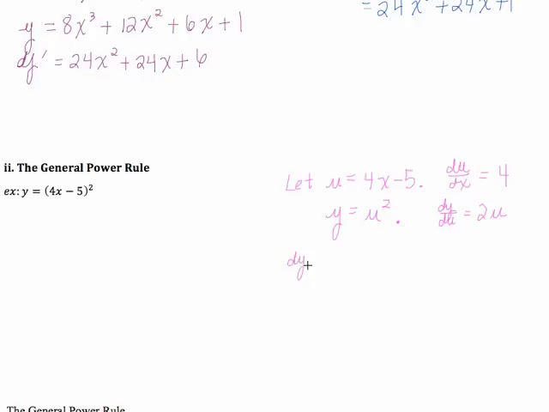So their product is dy/dx, which is 2u times the 4, or 2 times (4x minus 5) times the 4, or 8 times (4x minus 5).